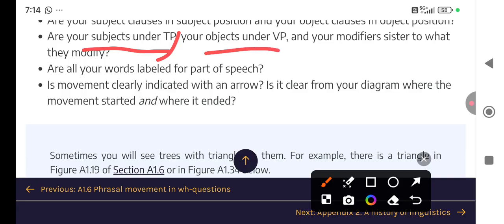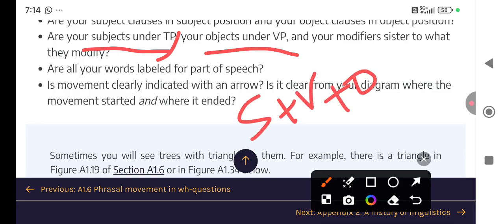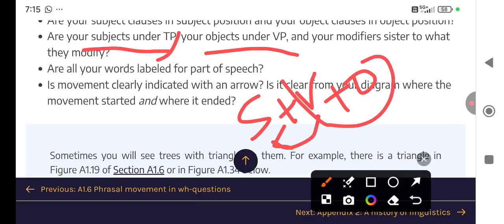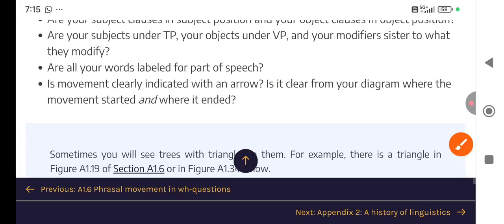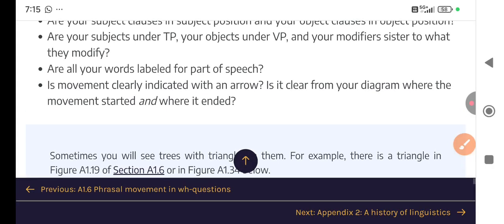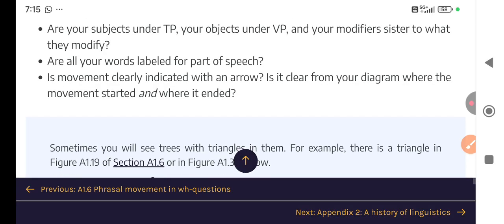An object is under the VP because the object comes after the verb. This is the sequence repeating again and again. So subject under the tense phrase and objects under the verb phrase. And your modifiers are sister to what they modify. We have to find out.